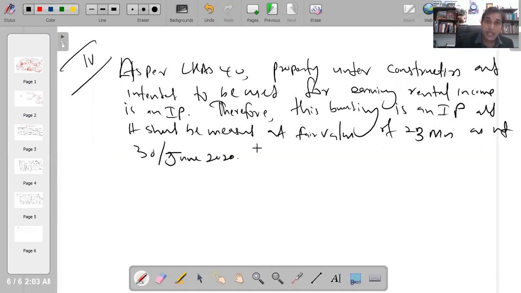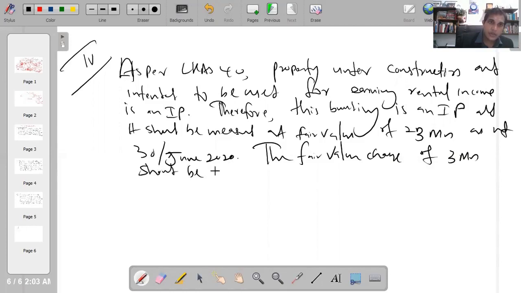The fair value change of 3 million should be charged to the P&L. Then continue in the next paragraph.